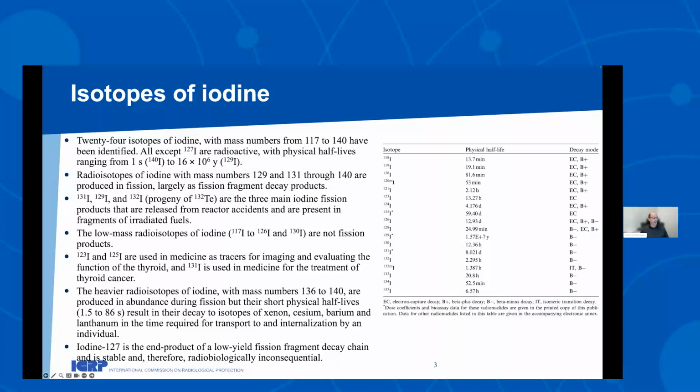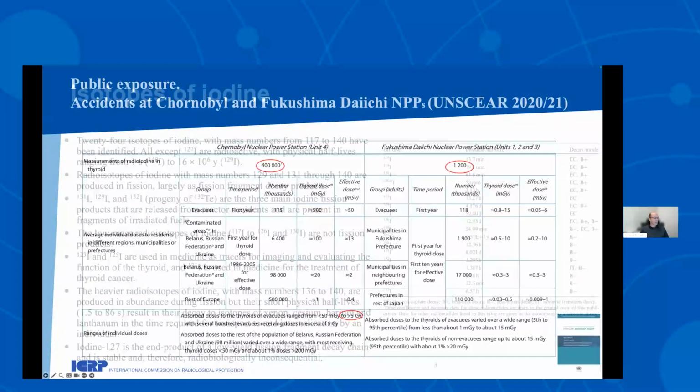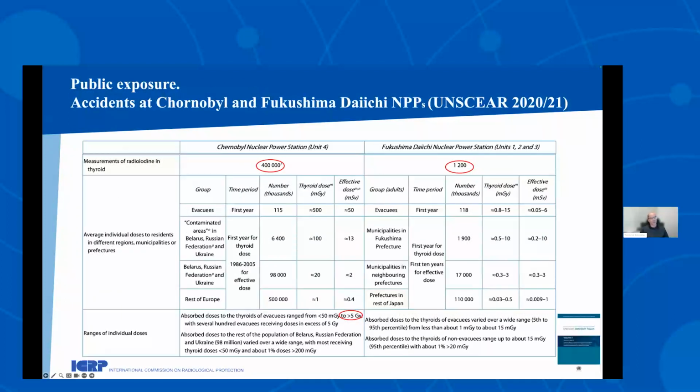Other iodine isotopes also get largely produced in nuclear reactors, but because they are short-lived, they are not really a major concern for radiation protection. I have to say that iodine in the Chernobyl accident caused a number of problems, and this is a comparison of what we did during the Chernobyl and Fukushima accidents.